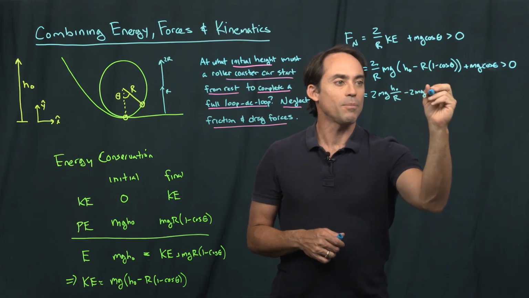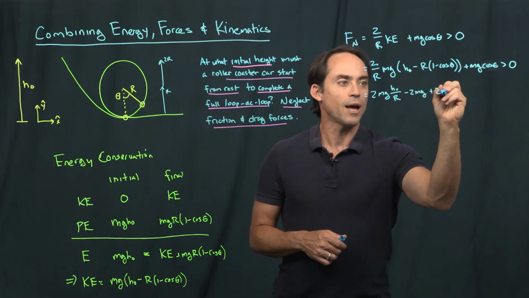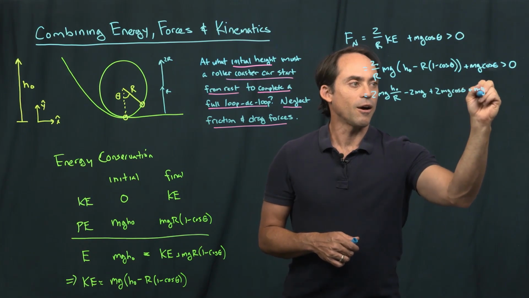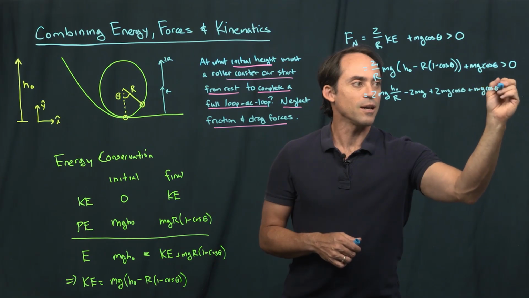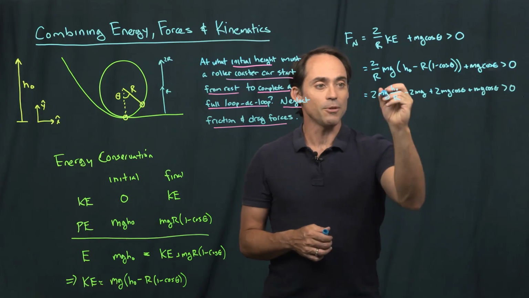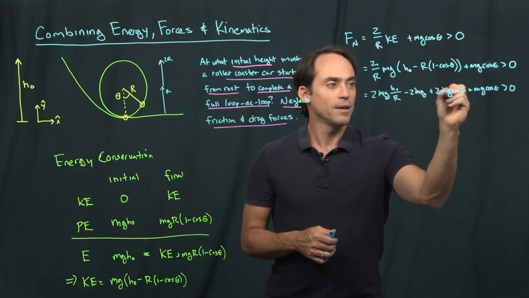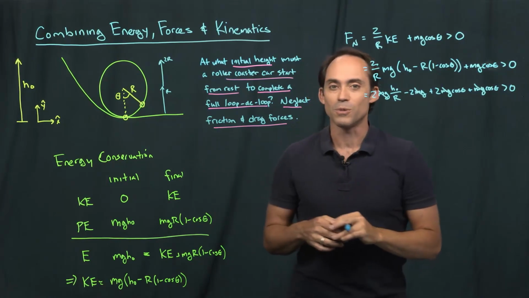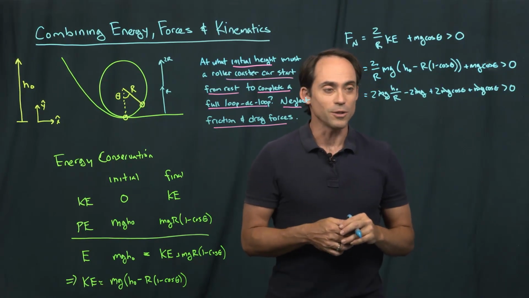And then we've got a plus 2mg cosine theta, and then our other mg cosine theta, and all this is greater than 0. So immediately we can see that we can cancel out the weight terms here, and that's an interesting fact that tells us that the motion of this loop-the-loop is independent of the weight of the roller coaster.